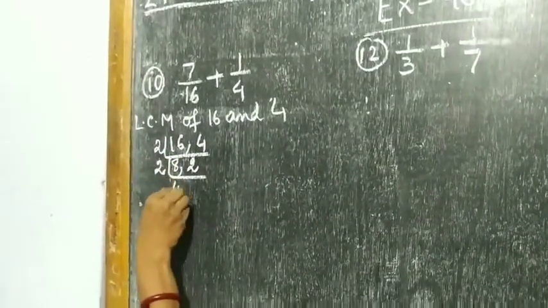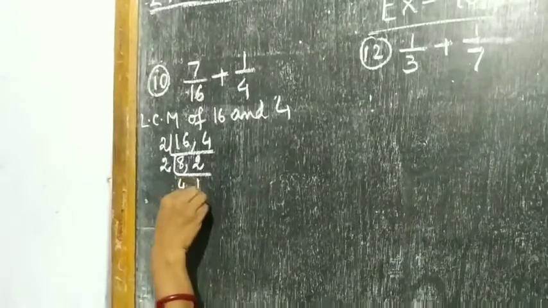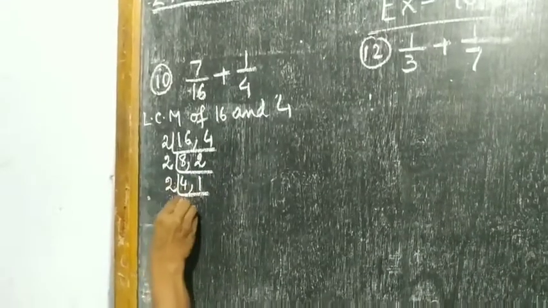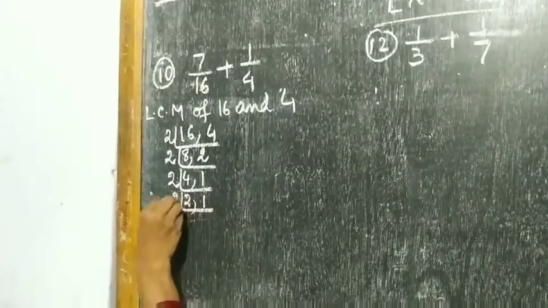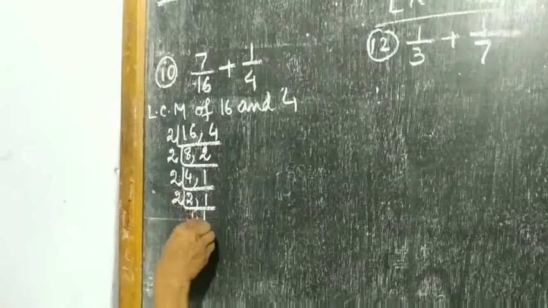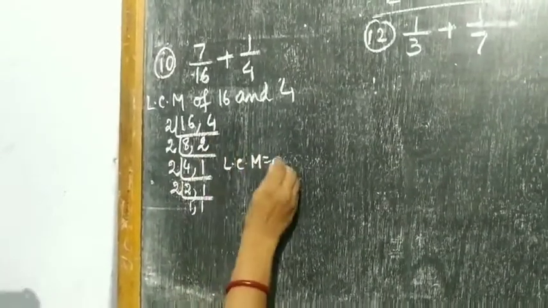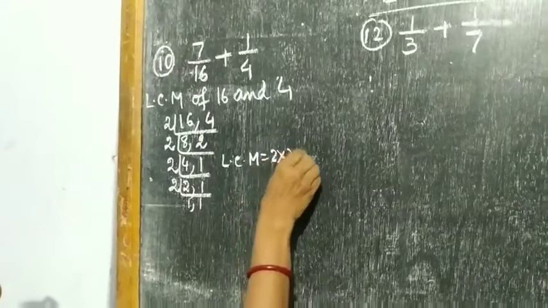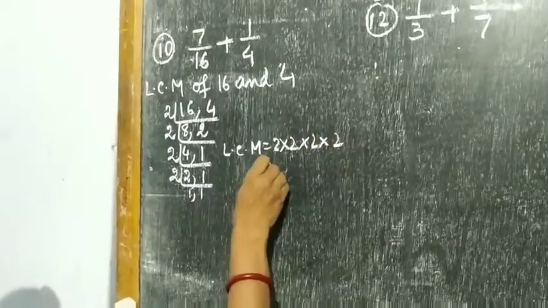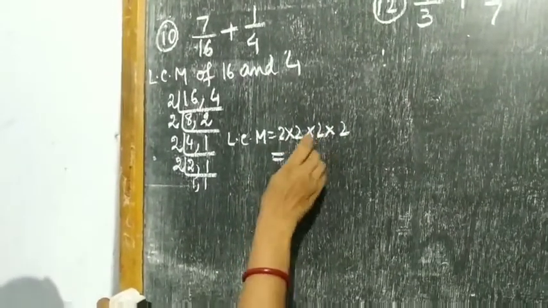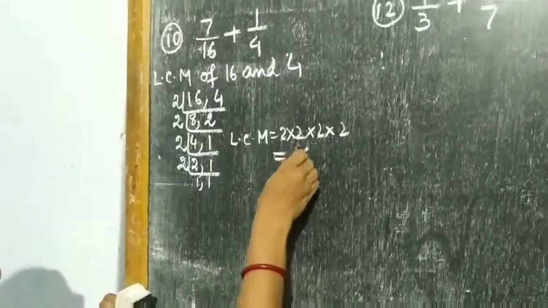Again divide them by 2, 4, 1. Again divide by 2, 2, 1. Again divide them by 2, 1, 1. So LCM is equal to 2 into 2 into 2 into 2. That is 2 twos are 4, 4 twos are 8, 8 twos are 16.